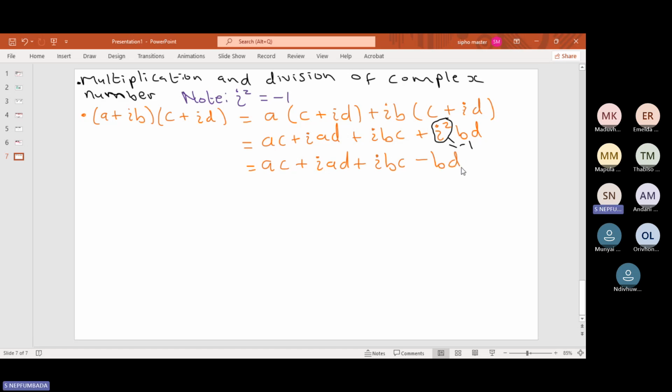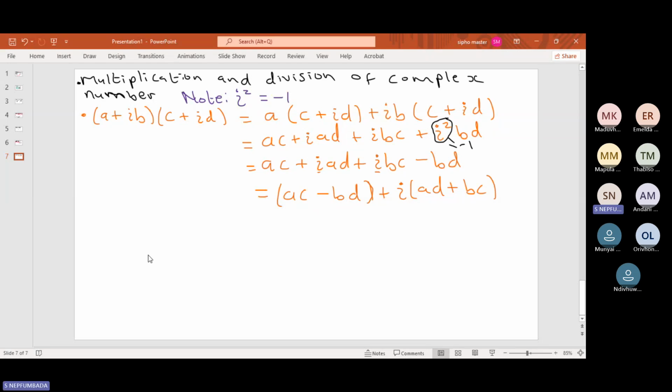Then we group our things, reals by reals, imaginary by imaginary. And when we remove the common factor of i here, we get i into ad plus bc.